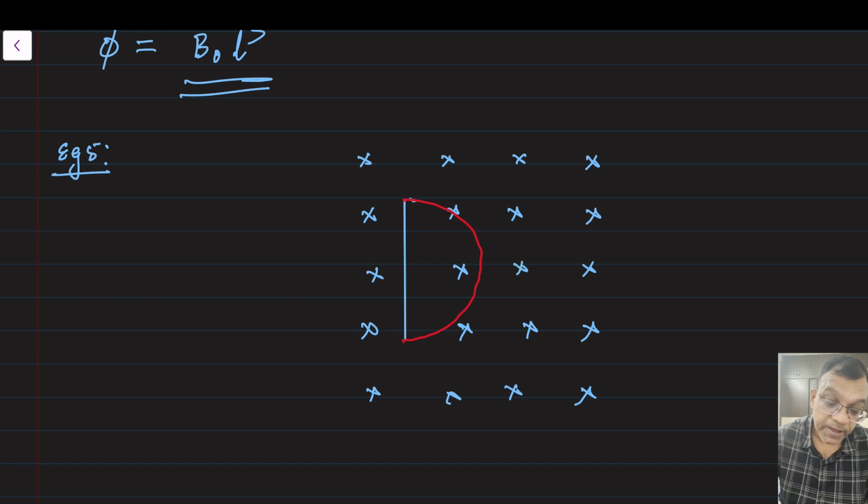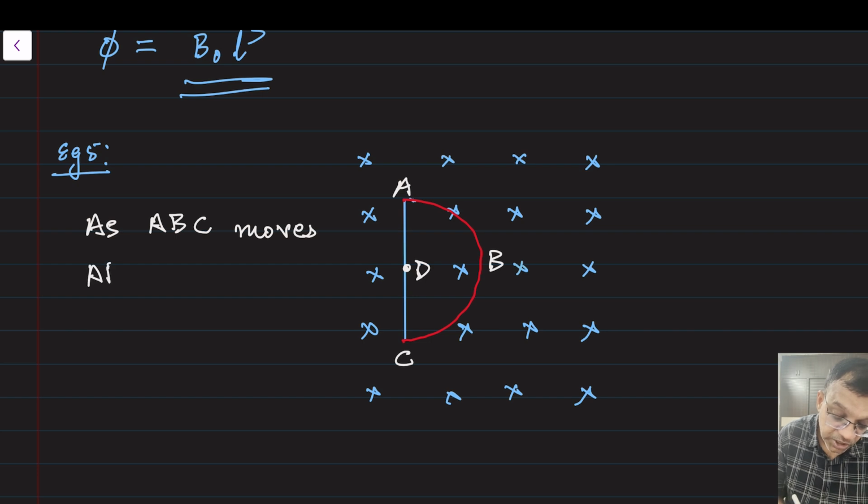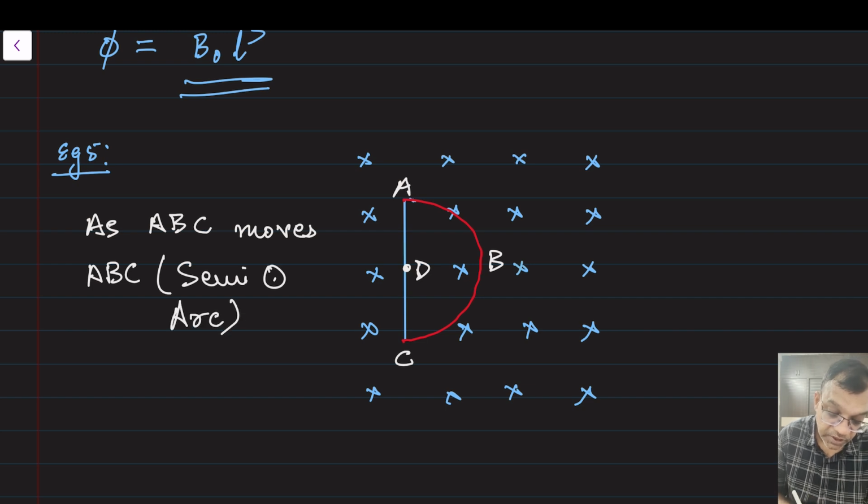Now let us consider this as A, B, C, and this ADC. This is a loop. Now as ABC moves, means as the loop is moving, the arc ABC, the semicircular arc, cuts the field lines.